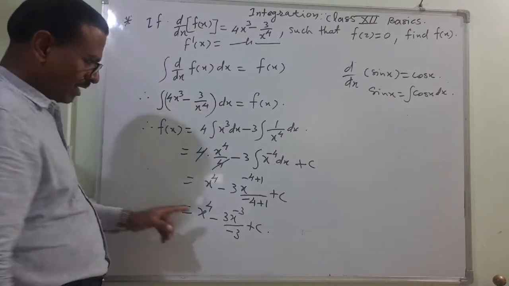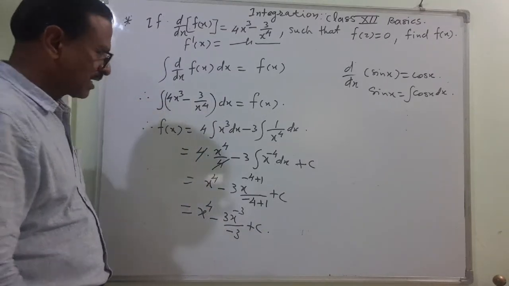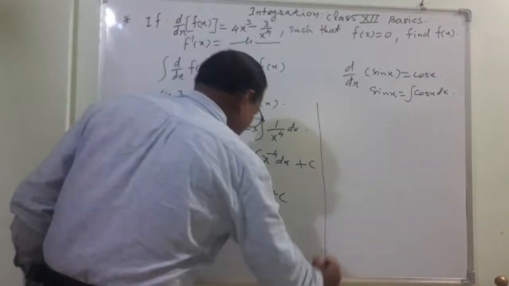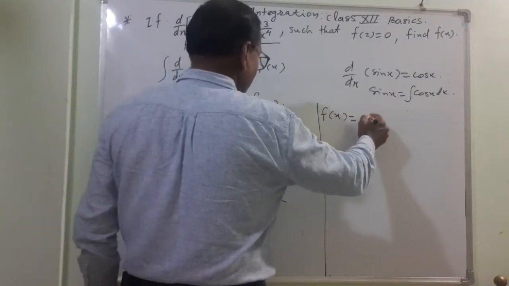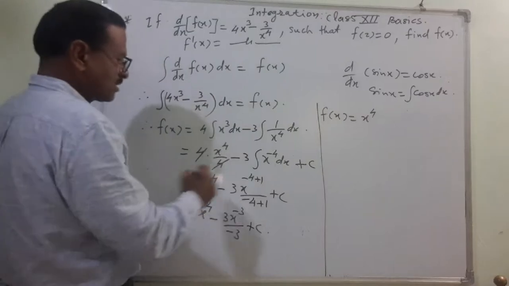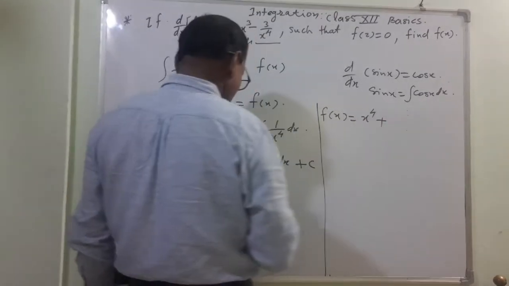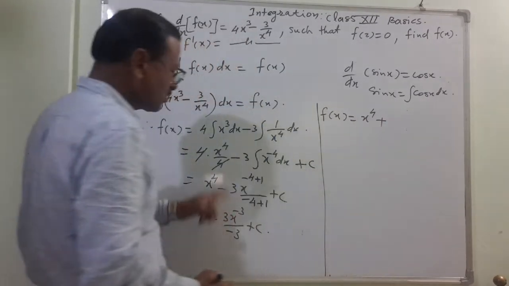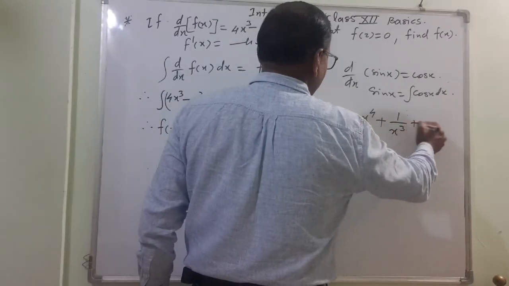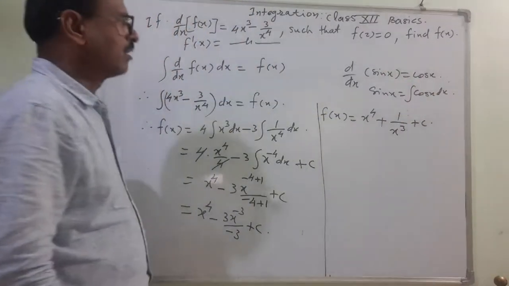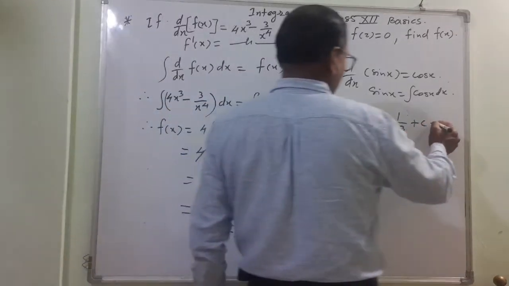So this 3 will get cancelled, this minus will get cancelled, and I will get f of x equal to x raised to 4, this minus will get cancelled, plus 3 will get cancelled, and x raised to minus 3 will remain, means 1 upon x raised to 3 plus c. So this is our one number.